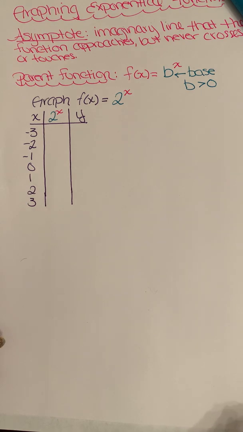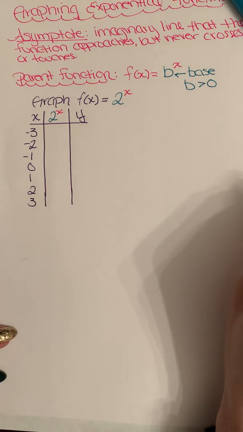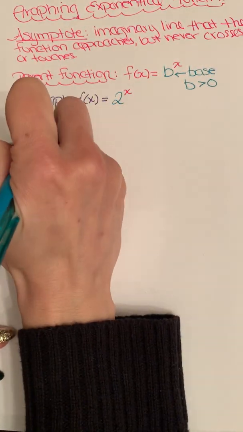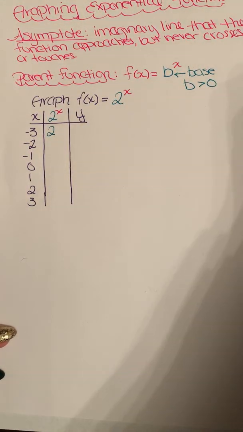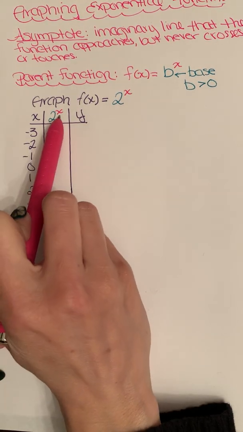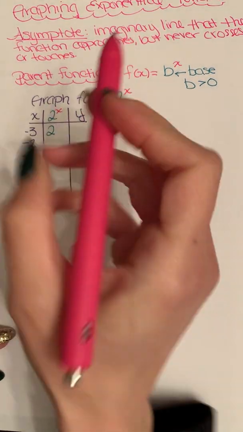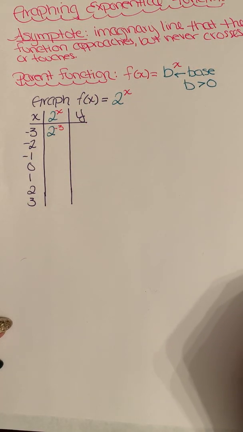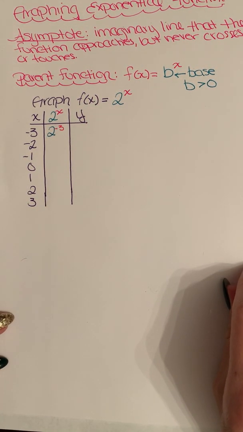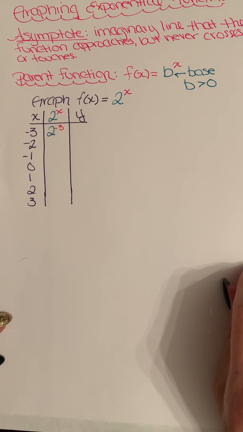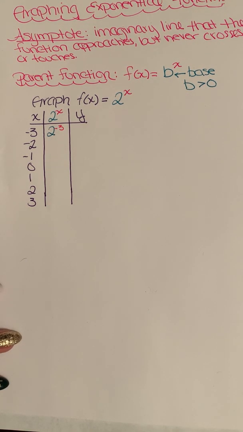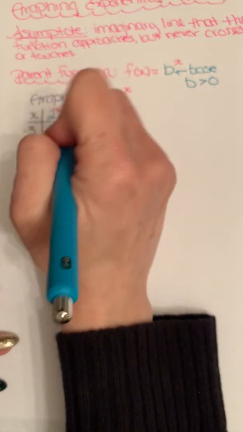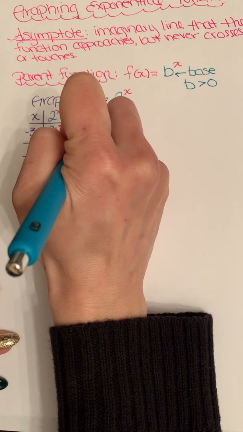Remember way back in September or October, we studied exponent rules. If I substitute that -3 in for x, I get 2 to the -3rd. And 2 to the -3rd is not -8. 2 to the -3rd is 1 over 2 to the 3rd.